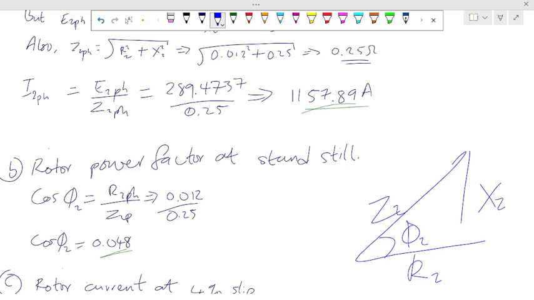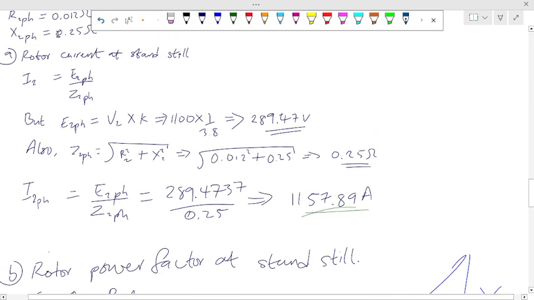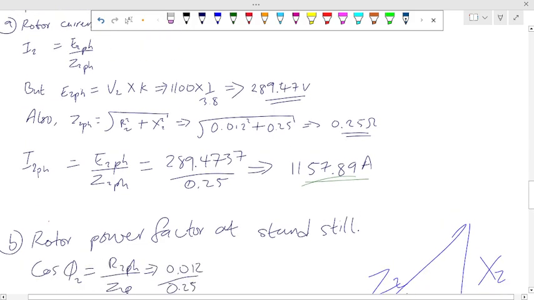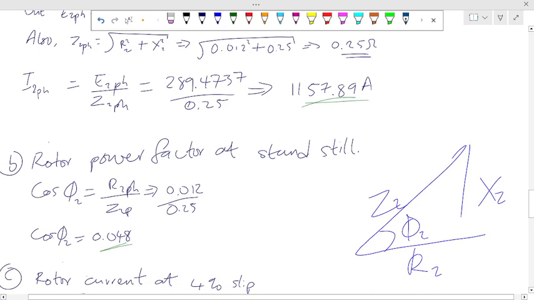So when we say power factor, which is the cosine of the angle, cosine is adjacent to hypotenuse. So that's what we have here. The value, we already have it as this, so we substitute that in. And for this, we've calculated it already to be this. So you bring that in and you get the power factor.